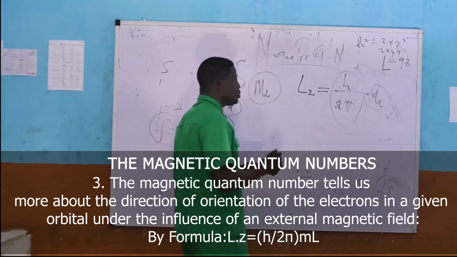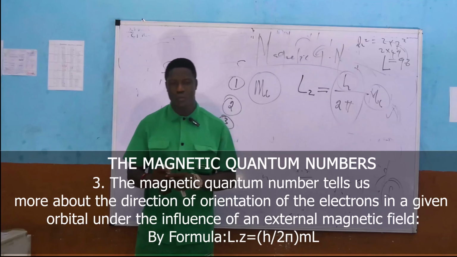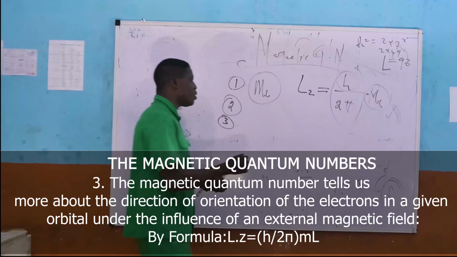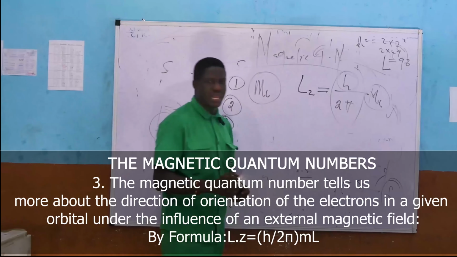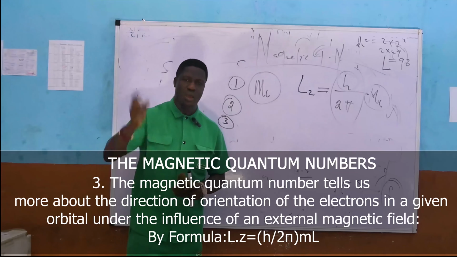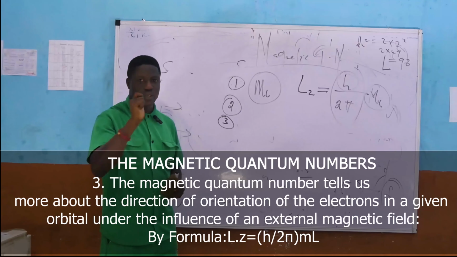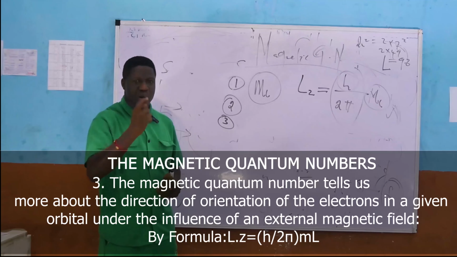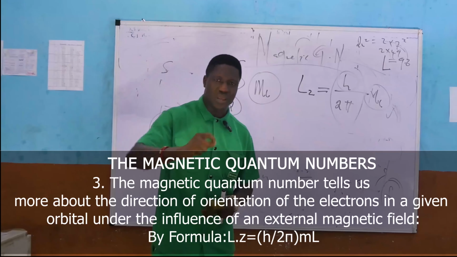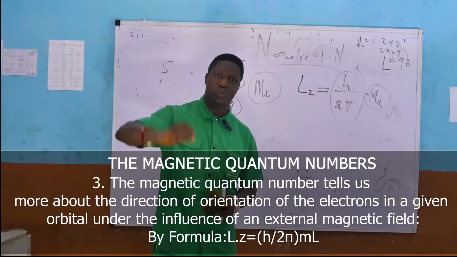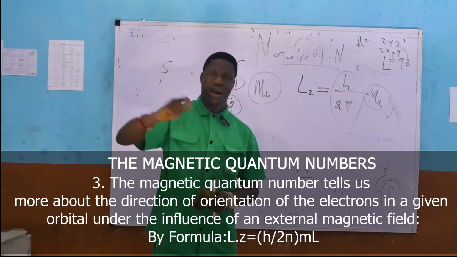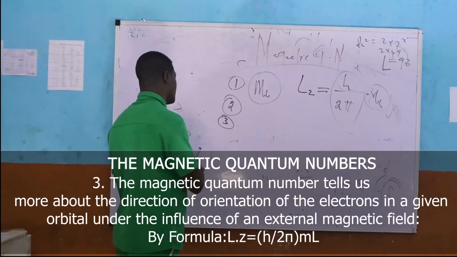Once the value of Lz is known, the direction of orientation of the atomic orbital in space can be obtained. That is one key or primary function of the magnetic quantum number. It determines the direction of orientation of the atomic orbital, whether in the x-axis, y-axis, or the z-axis.